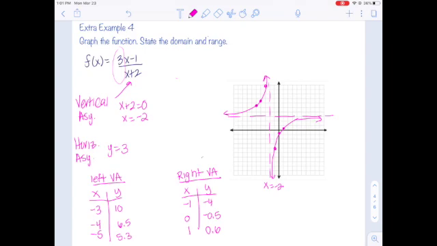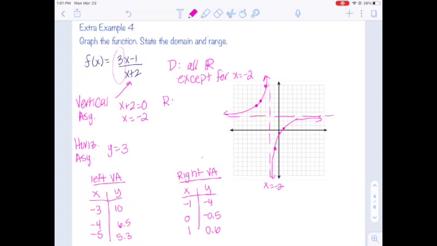Something else we should talk about is the domain and the range. So our domain is all the possible x values that could work for this function, and that is directly related to our vertical asymptote. We know our function is not defined at x equals -2. So your domain includes all real numbers except for x equals -2.